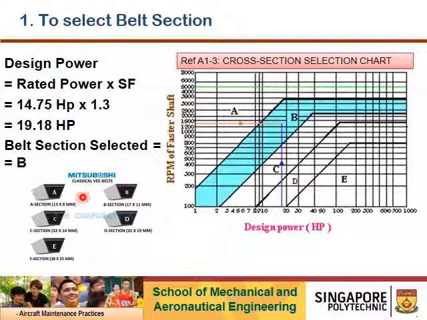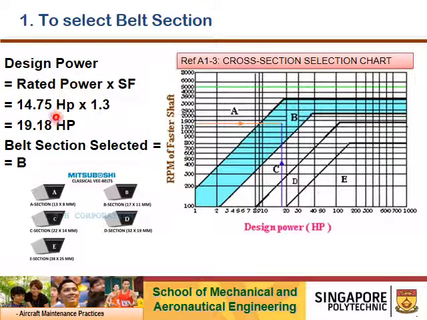The fastest shaft RPM is 1440. If you look at the cross-section selection chart A1-3, 1440 is closest to the range between 1200 and 1500, so you can mark from there.